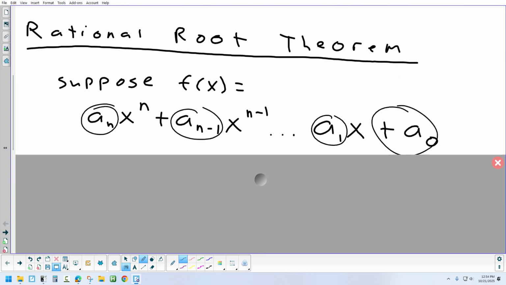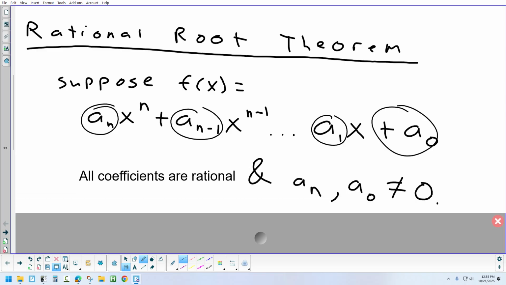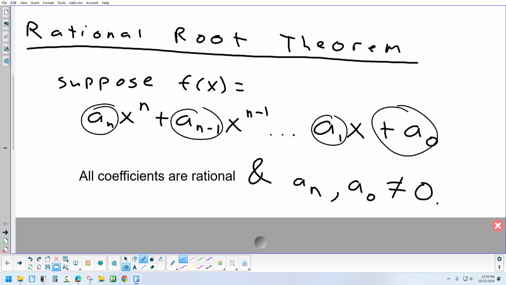So let's say we have a polynomial like that, and we want to figure out anywhere that it could cross the x-axis at a number that's rational, a number you could write as a fraction. Well, in order to use the theorem I'm about to show you, all of these numbers in front have to be rational.